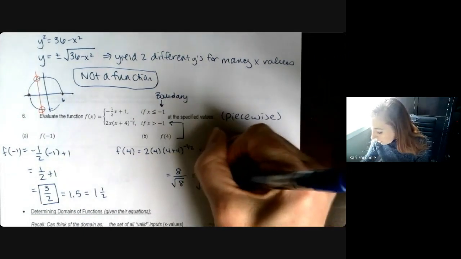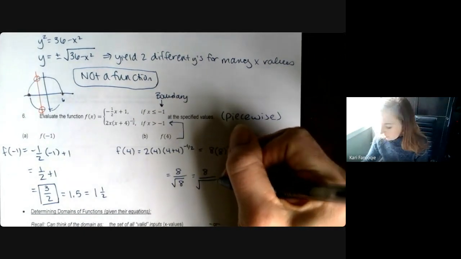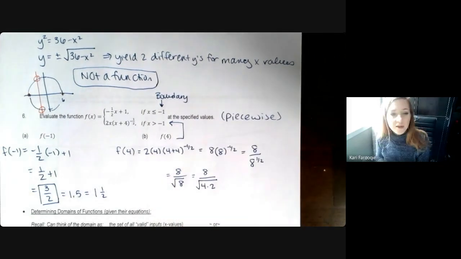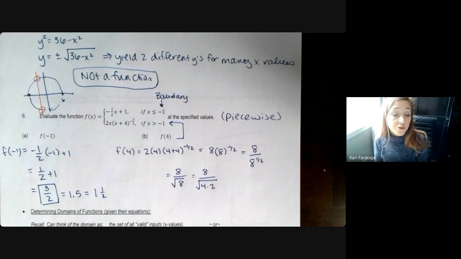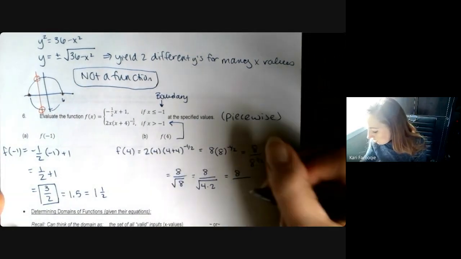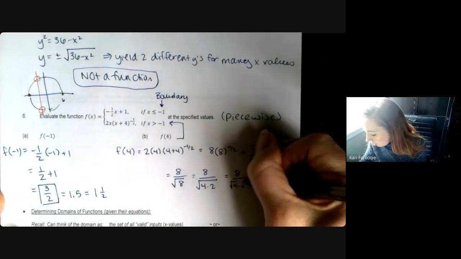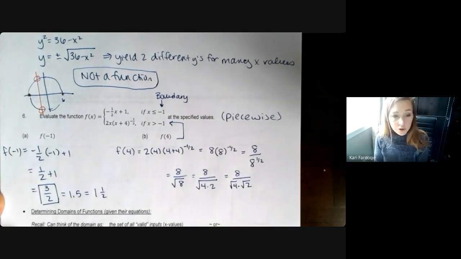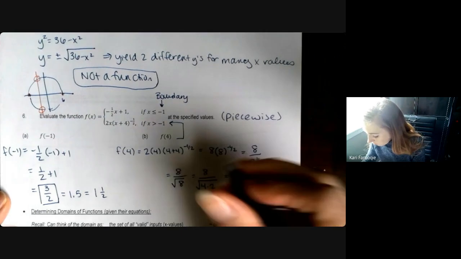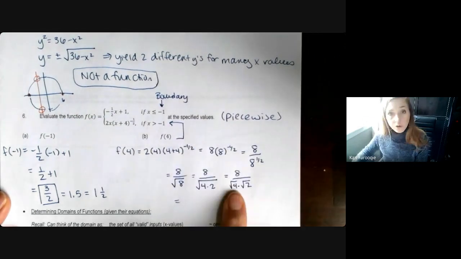I know that 8 is technically 1 times 8, but 1 and 8 are not going to help me. 4 is a perfect square. So to simplify radicals, we try to split up the radicand into perfect square factors. So now I can rewrite this as 8 over the square root of 4 times the square root of 2. And now I can start to simplify it a little bit more. The square root of 4 is 2.